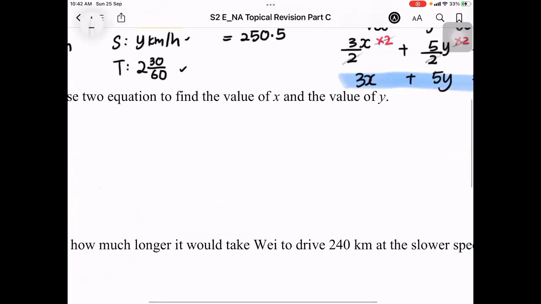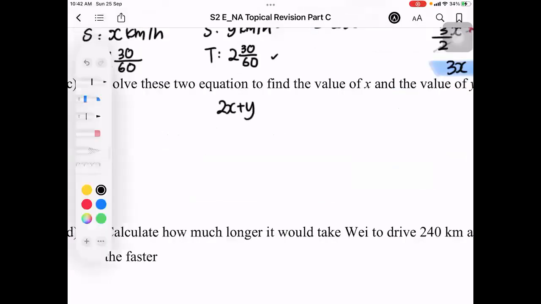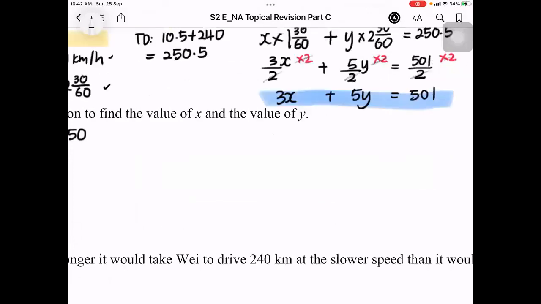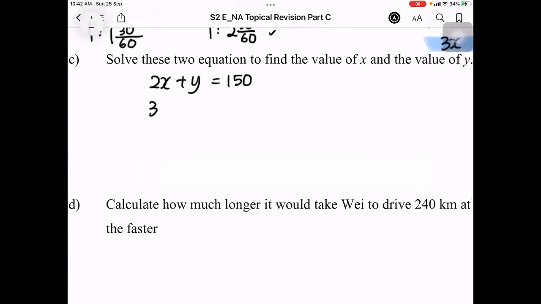So 2x plus y equals 180, then the other equation, 3x plus 5y equals 501.